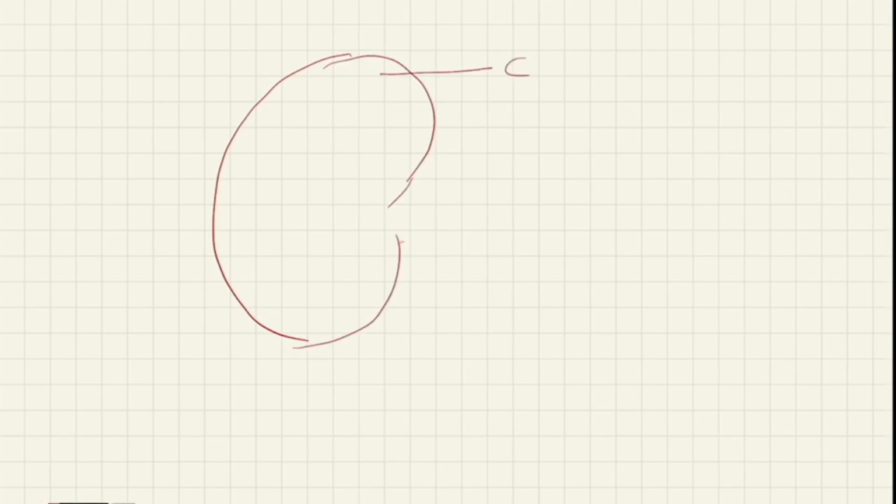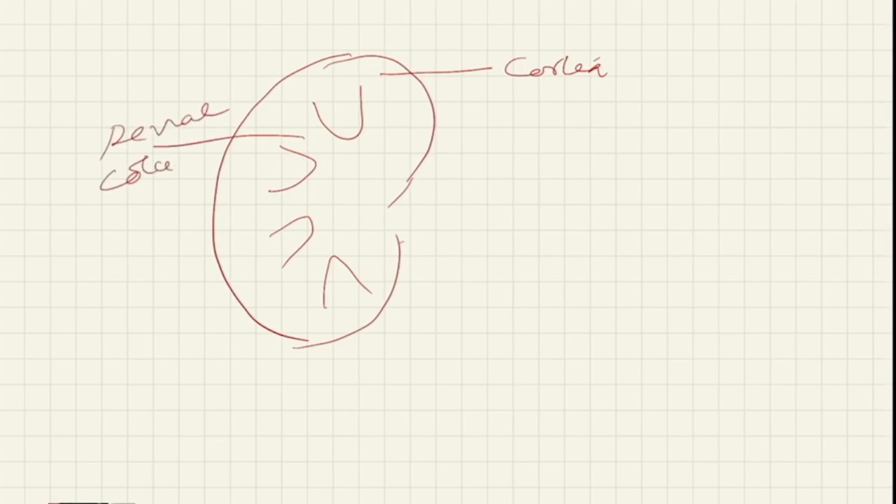So I'll draw once more. So this is the kidney. Outer side is the cortex. Inner part you have got medullary pyramids, and there are renal columns. The renal pyramids open via the papillae into minor calyxes. The minor calyxes join together to form the major calyxes.